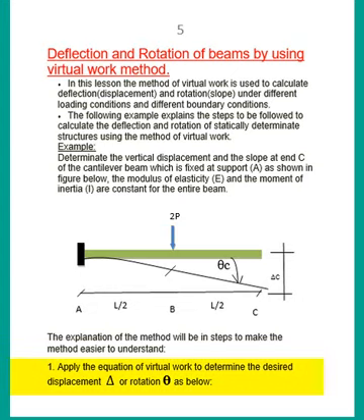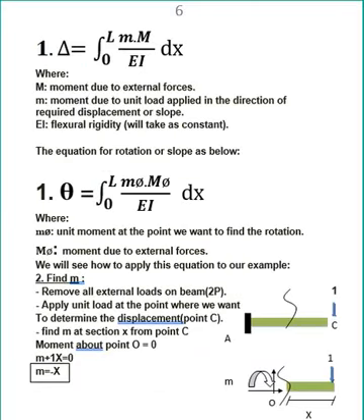First, apply the equation of virtual work to determine the desired displacement delta or rotation theta as below. To find the deflection of the beam, if we see the equation, 1 means the unit load times deflection.